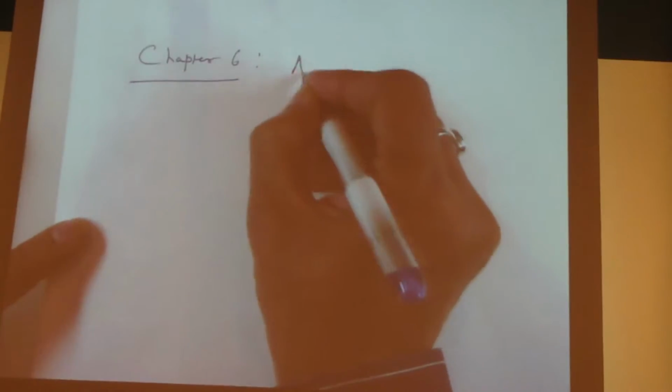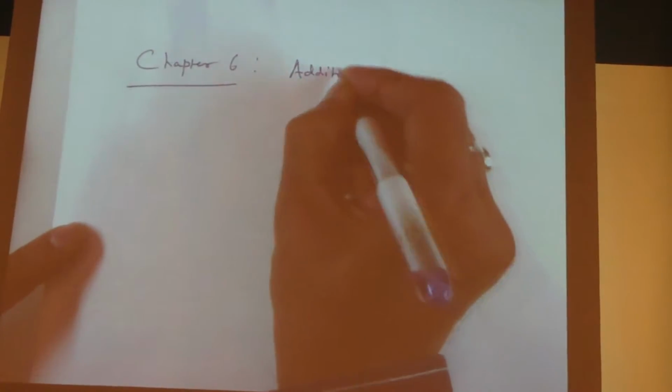Okay, we'll move on to the next chapter, which is chapter 6. Now we'll look at the reverse reaction. We looked at elimination, now it's the addition reaction on carbon-carbon double bonds.